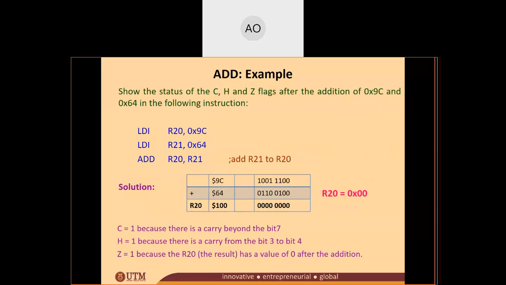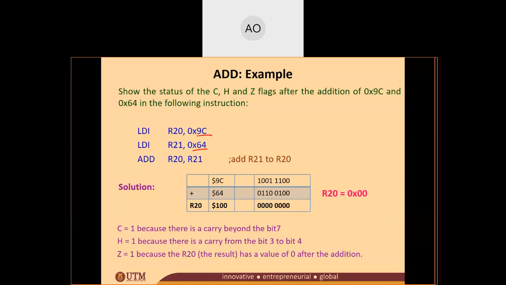So this is another example. Again, you're going to check the status of the C, H, and Z flags. Again, convert this hexadecimal value to binary. So 9C is 10011100, while 64 is 01100100.